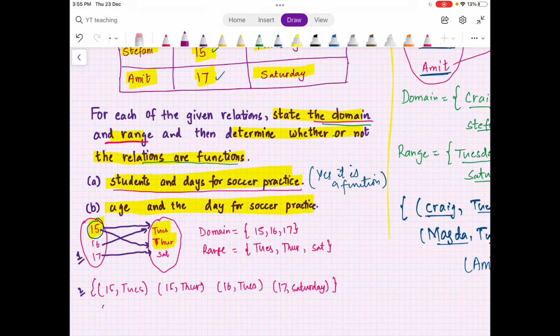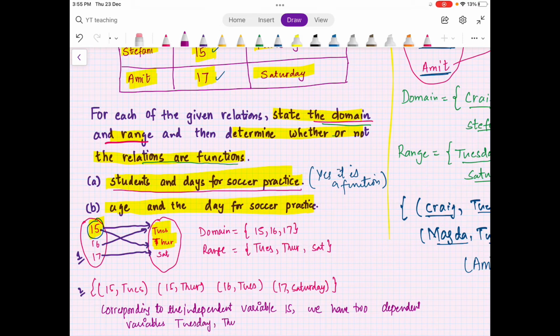Corresponding to the independent variable 15, we have two dependent variables, which are Tuesdays and Thursday. So it is not a function. This is how we check whether it is a function or not.